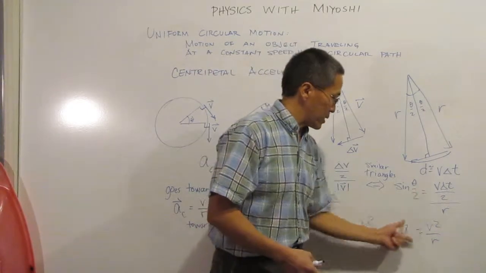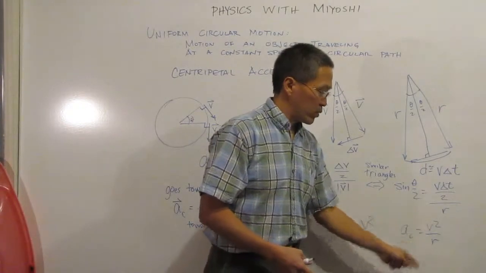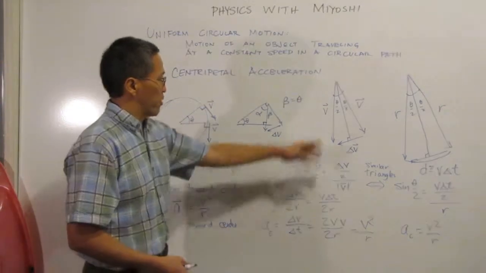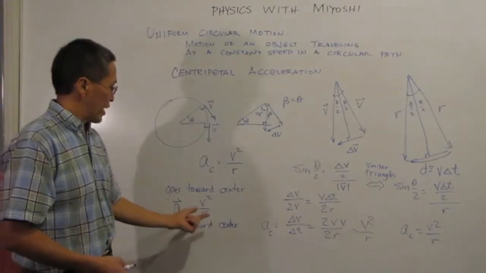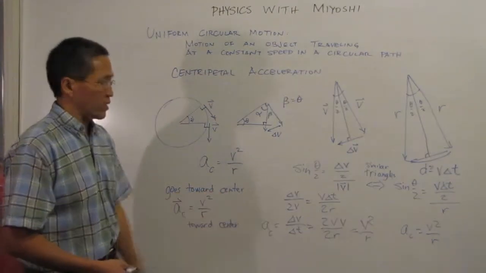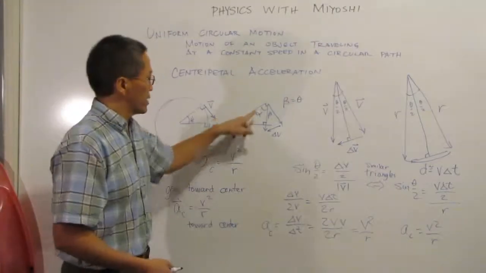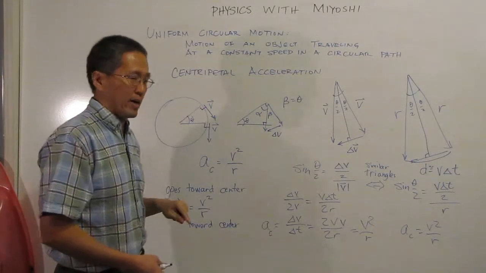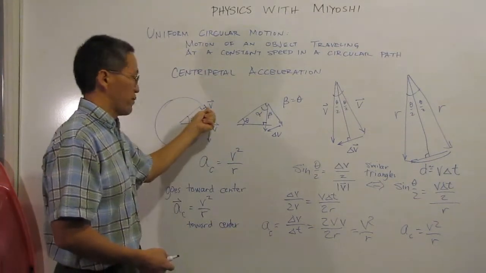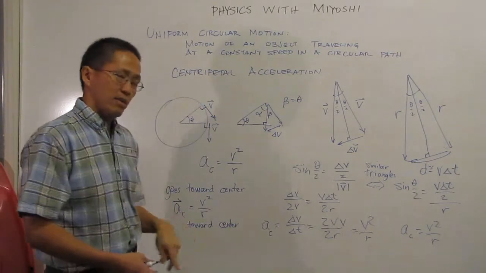This is just a magnitude, and I know the magnitude is v squared over r, but I have to remember too that acceleration is a vector, and for centripetal acceleration, that vector is always pointing toward the center, because as I go around I have to change my velocity toward the center a little bit each time to get where I'm going.